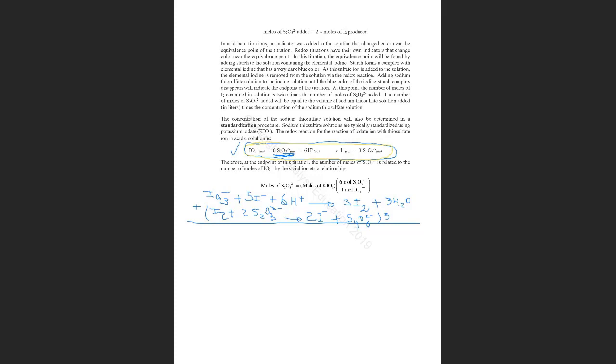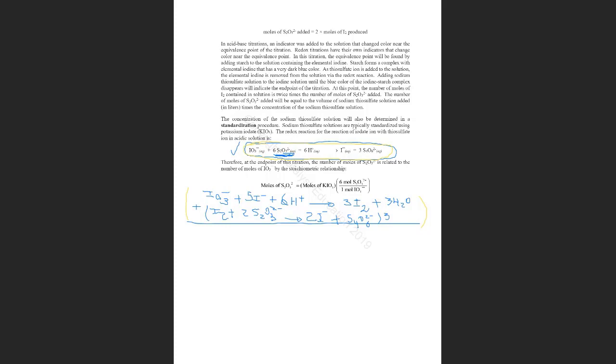Why I show you these two is because I want you to know that you are adding an excess of potassium iodide, and then you titrate the elemental iodine that forms that dark blue color with starch. You are going to add your titrant drop by drop from the burette until the color disappears. For some students, if I do not explain this part, they don't understand why this reaction is written that way.